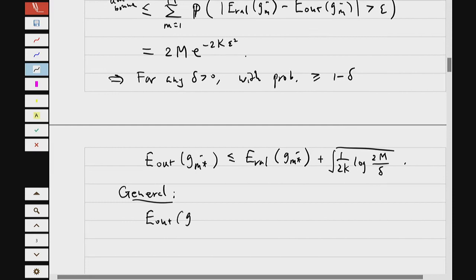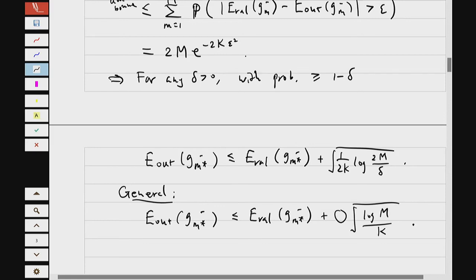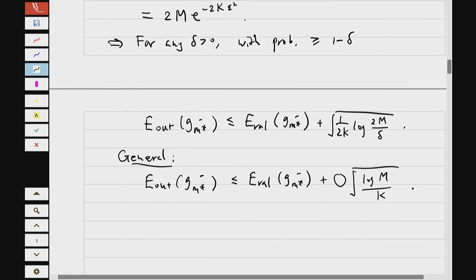E out is big O of log of m over k, like that. So which is very nice, right?